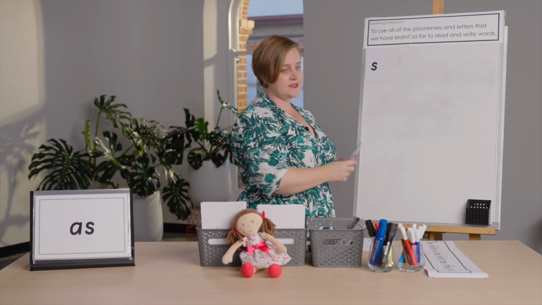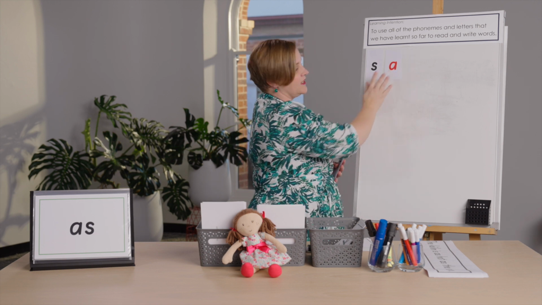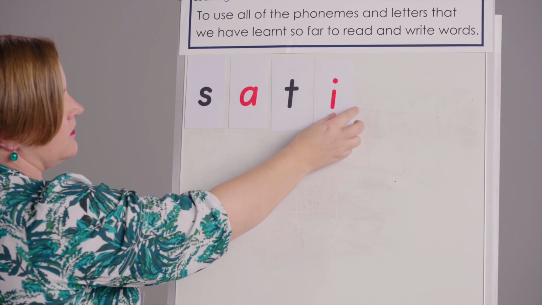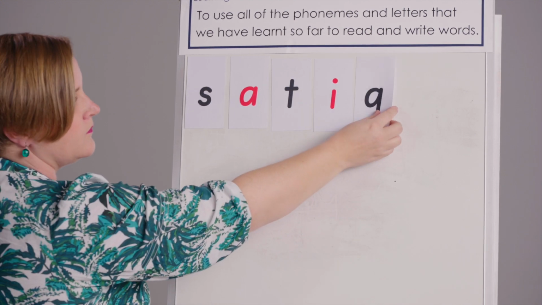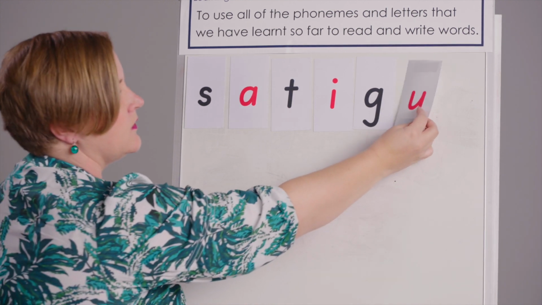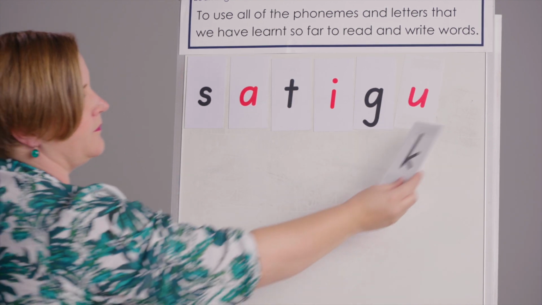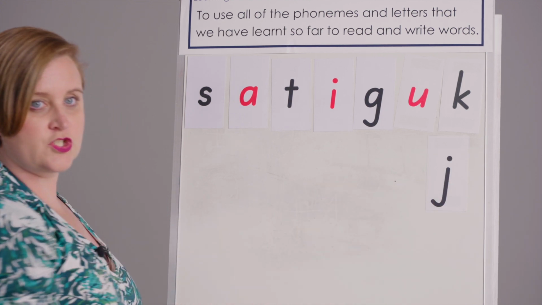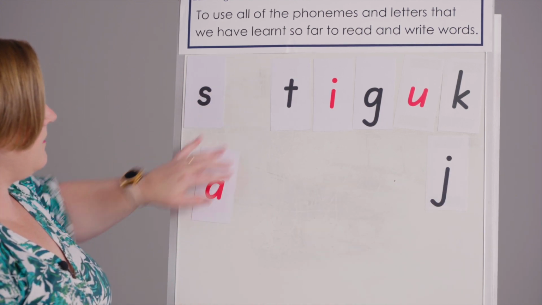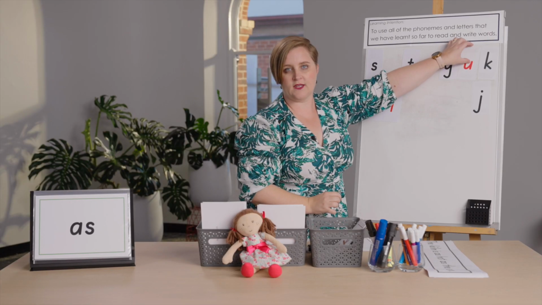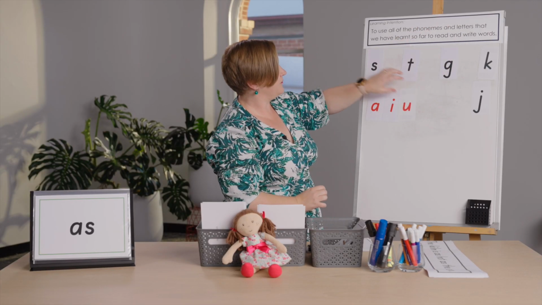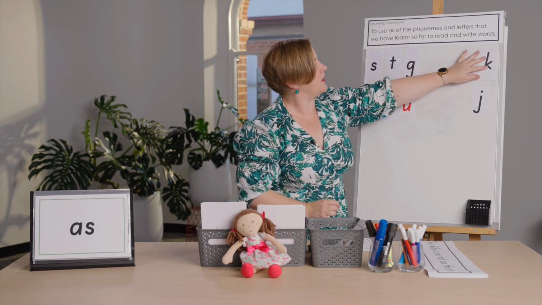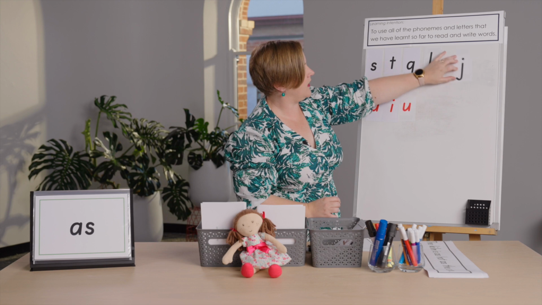You need the letter S, you need the letter A, T, I, G, U, K, and J. Can you remember why some of our letters are in red? That's right, they are our vowels. And our black letters here are our consonants.